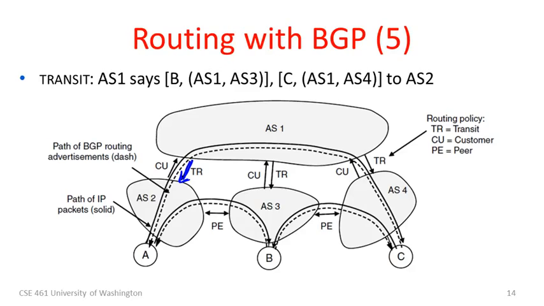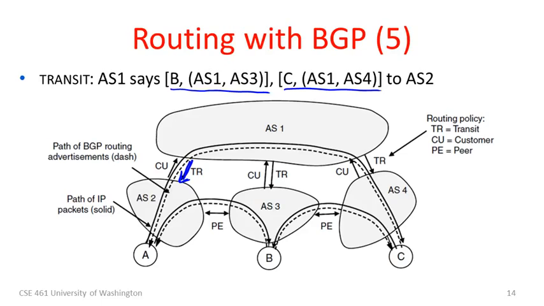To do that, AS1 needs to tell AS2 about all of the different places you can get and the paths it's making available. So AS1 will say to AS2, oh, there's this prefix out there, B, and you can send to it along the path AS1 and AS3. There's another prefix, C, you can send to it along the path AS1 and AS4.